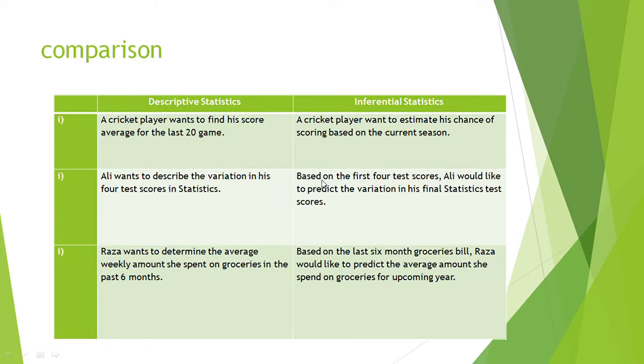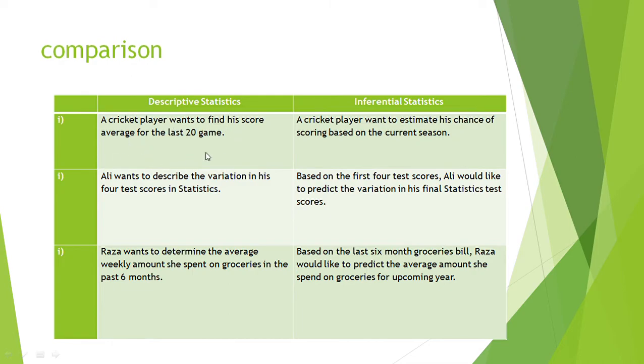And based on the first 4 test scores, Ali would like to predict the variation in his final statistics test score. Now look here, the words estimation and prediction came, while in both examples all the data was fully with them.